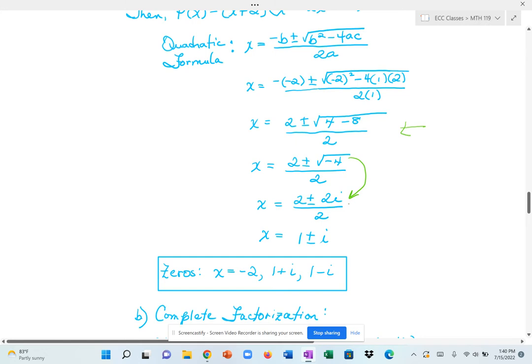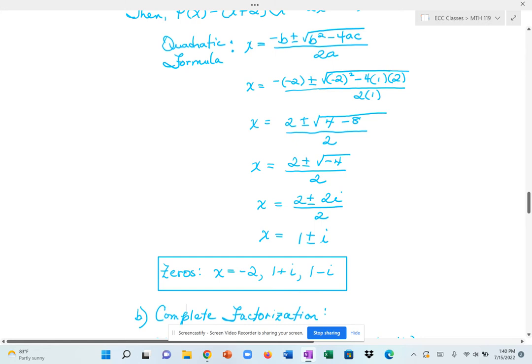And when you divide them both by 2, you get, again, your conjugate pair of complex numbers, 1 plus or minus i. So the 3 zeros are negative 2, which is the one we found earlier, 1 plus i, and then 1 minus i. So I have one real number result and two complex numbers.